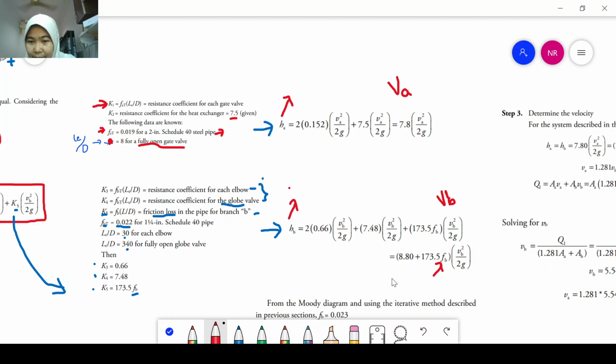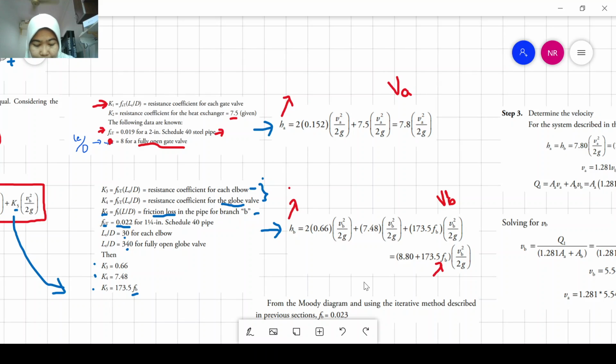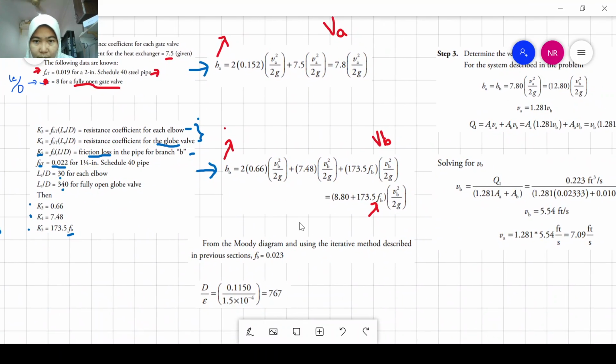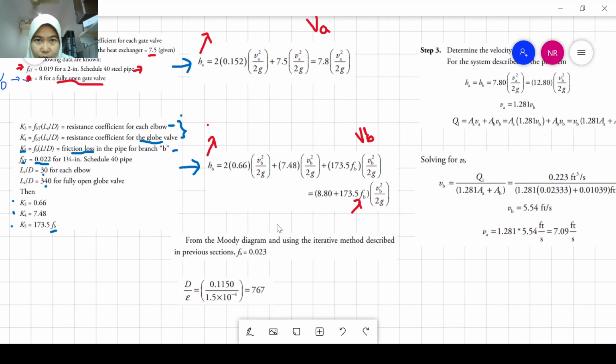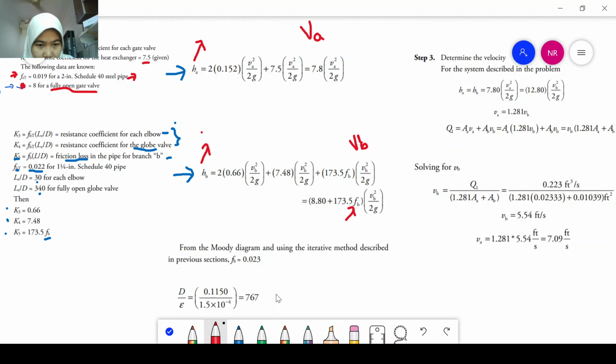As we did in the previous example in the lecture before, we have to use the iteration method. This value is given first of all. Later we will need to use this with the Moody diagram.